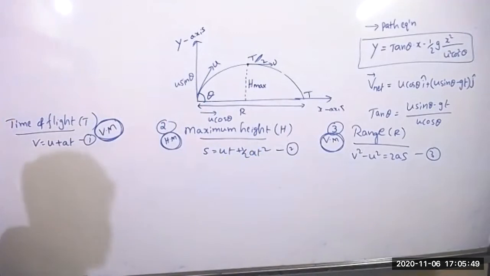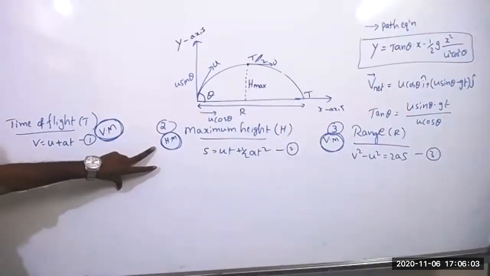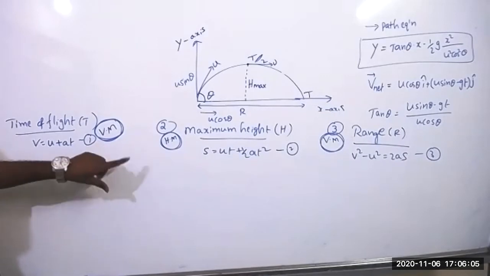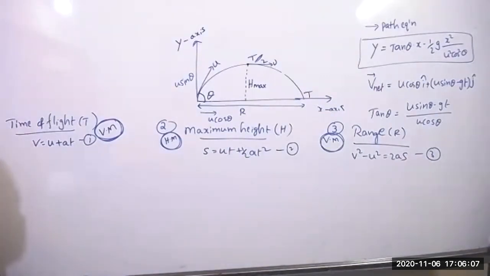Am I clear? Yes, sir. So what is the second one for? Second one for horizontal motion. First one for vertical motion. Second for horizontal motion. Third for vertical motion.